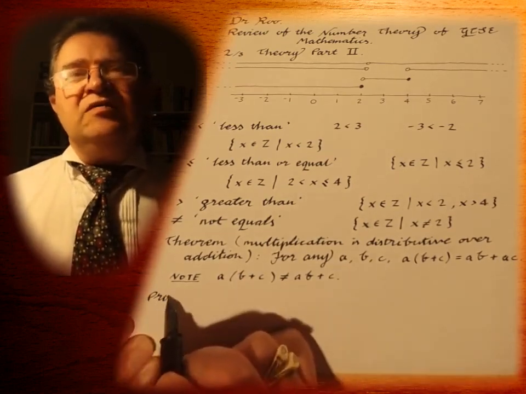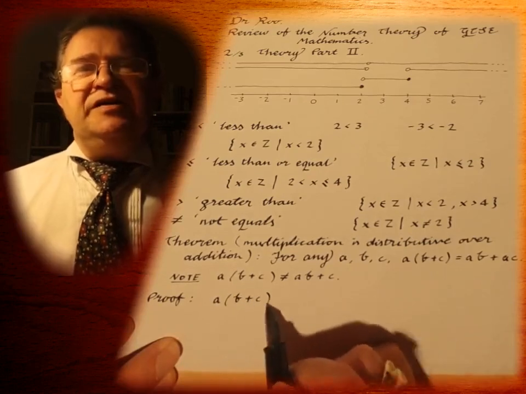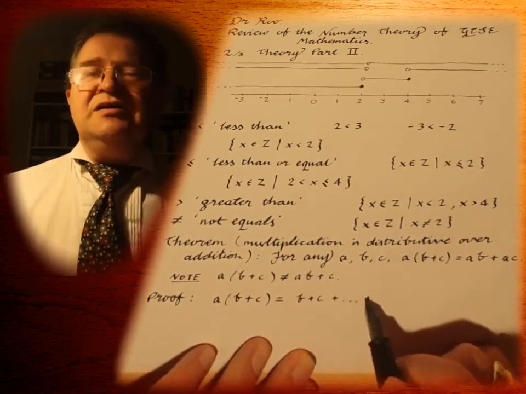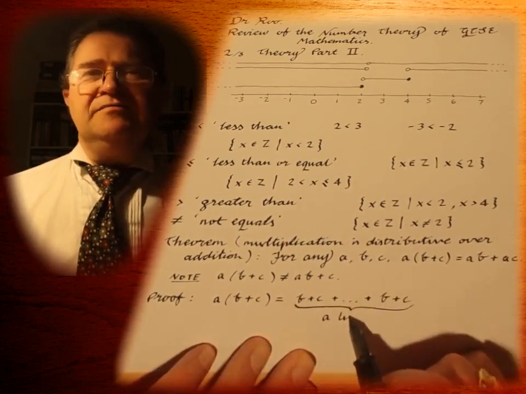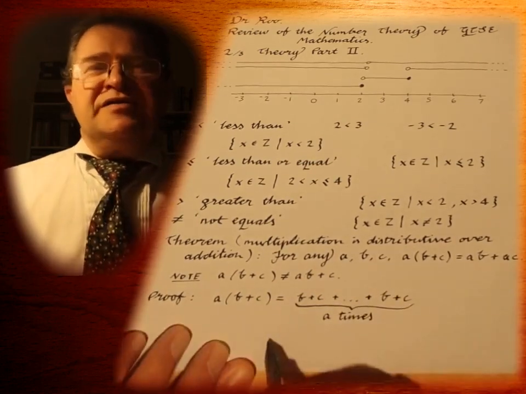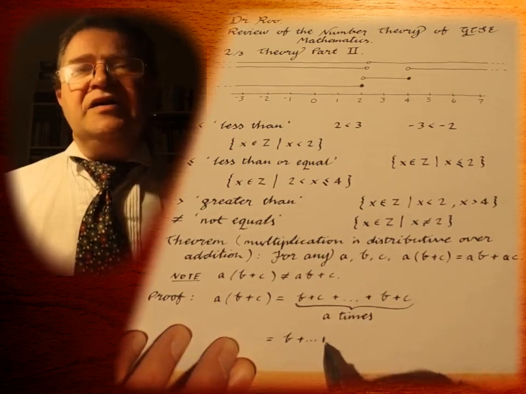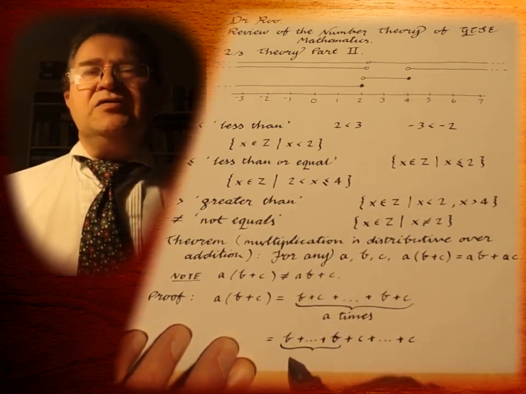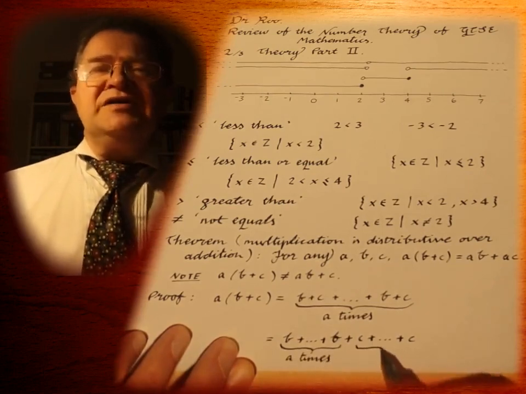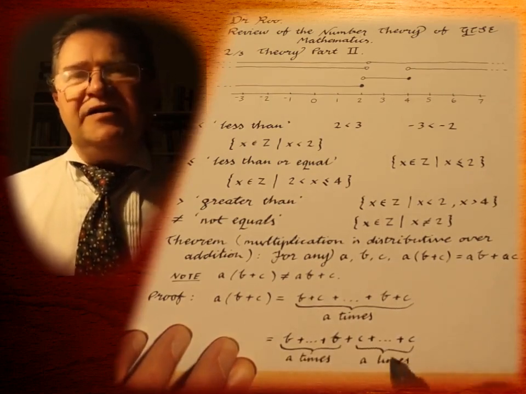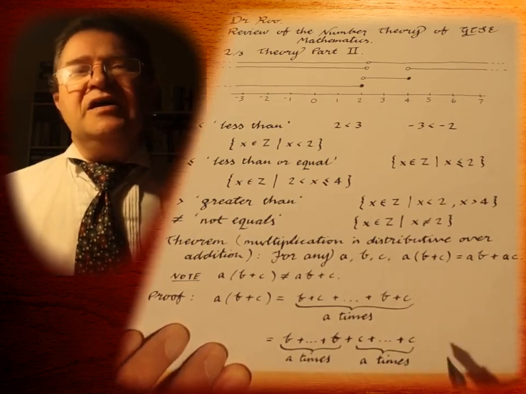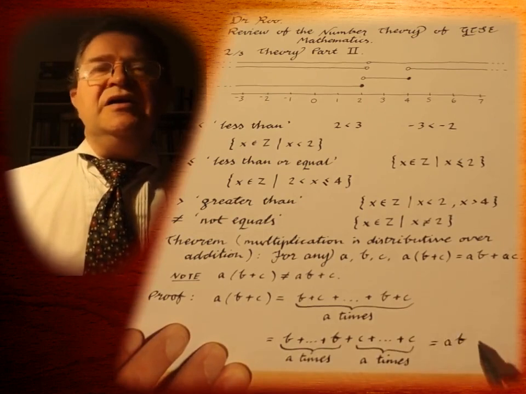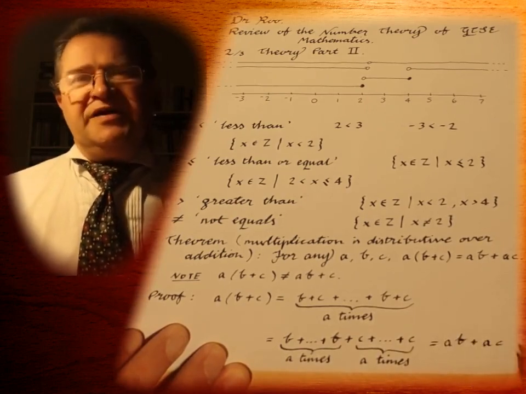The proof is: a times (b plus c) is (b plus c) added to itself a times, by the definition of multiplication, and since addition is associative we can rearrange this so that it's b added to itself a times plus c added to itself a times, and this is a times b plus a times c using the definition of multiplication.